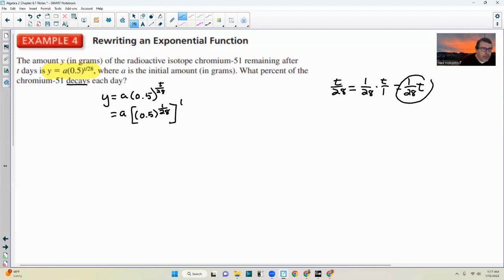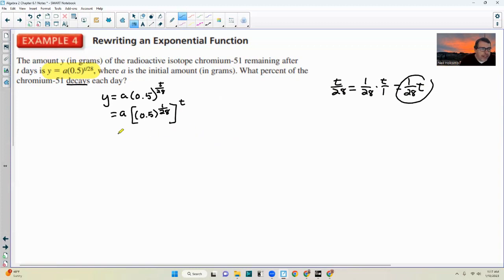What I'm really doing is just moving that outside, because the power rule says to multiply this power by this power, the power of powers rule. And 1 over 28 times t is 1 over 28t or t over 28, which is what this is. So basically all we're doing is taking the numerator and moving it outside, but I explained where that comes from. So that's step 1.